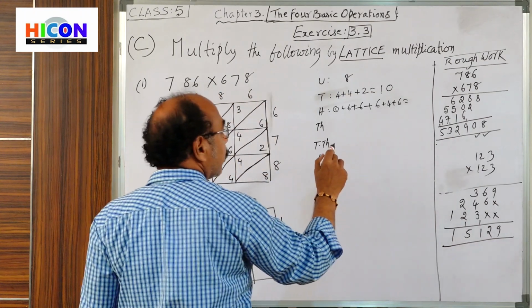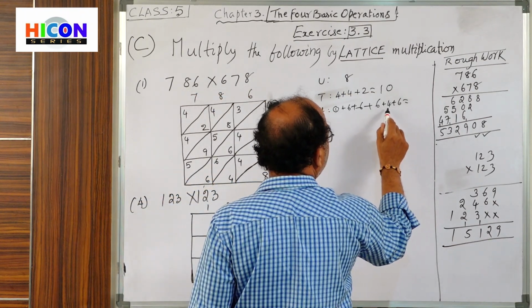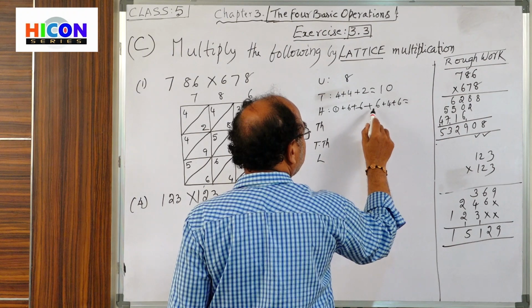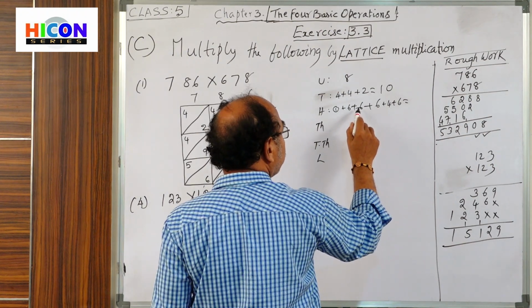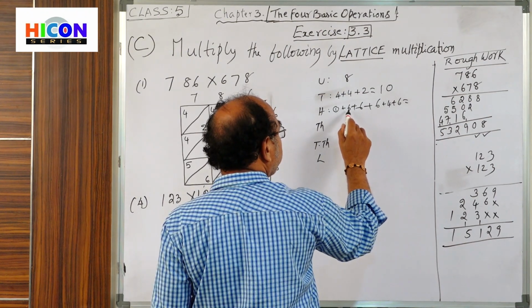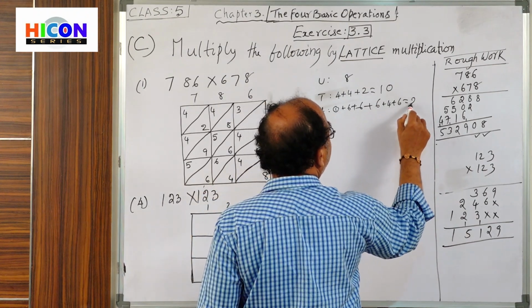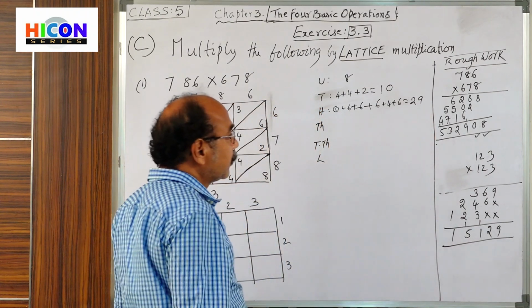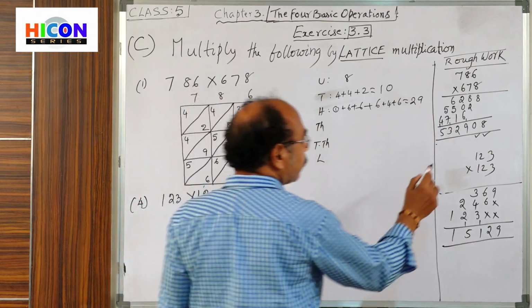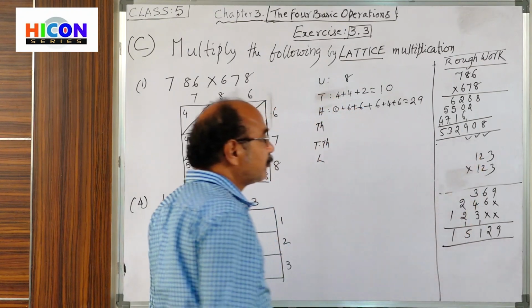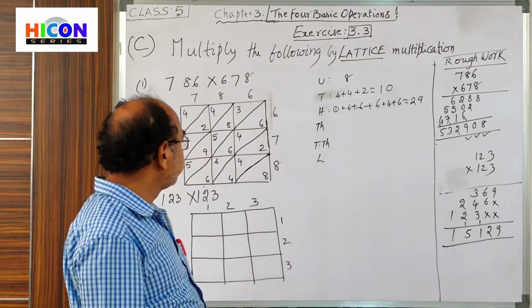Add. How much? 6 plus 4, 10, 16. 16 plus 6, 22. 22 plus 6, 28. 28 plus 1, 29. That's why here we got 9.